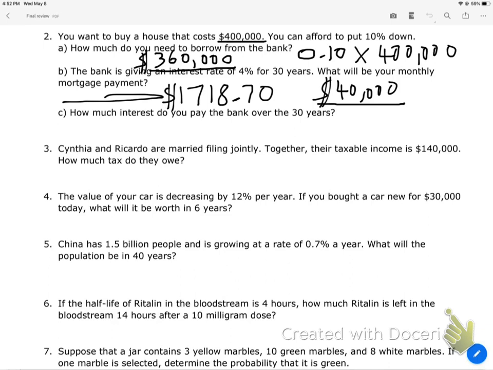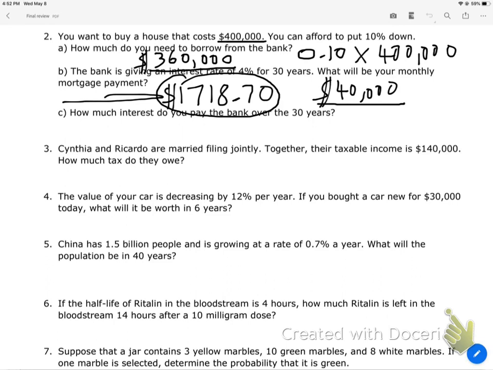If this is what I pay a month, then the total amount I pay the bank is 1718.70 times 360. Remember, 12 payments a year for 30 years is 360.